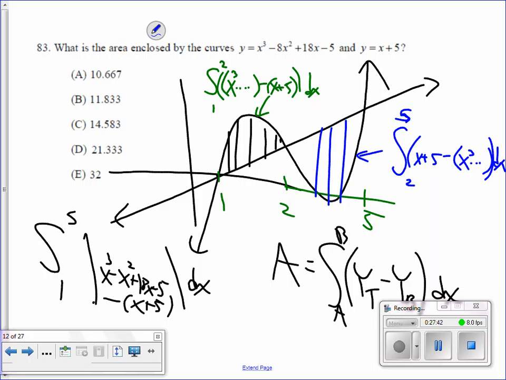So you're going to be fine if you just take one of them minus the other, as long as you put absolute values around them. You don't have to do two separate integrals. So you'd use your math 9, the absolute value, just make sure you have parentheses around one of them when you're subtracting from 1 to 5. And you should get whatever answer is on the answer key.